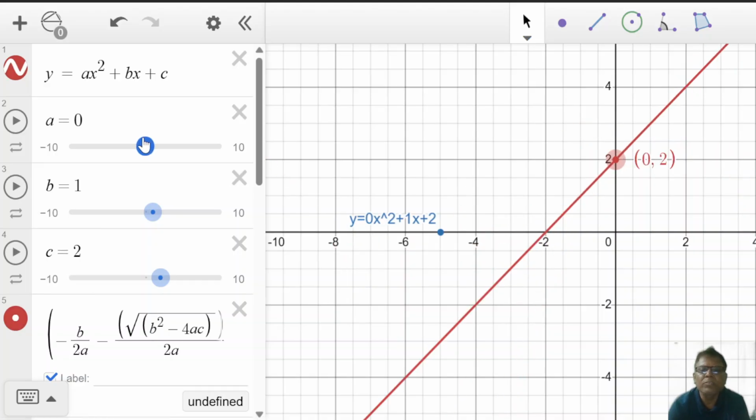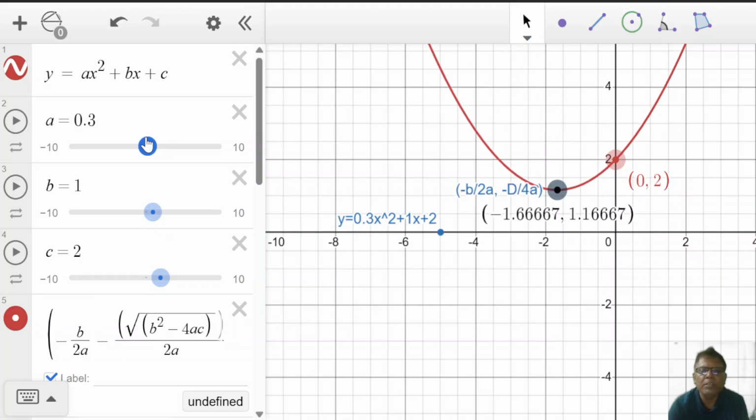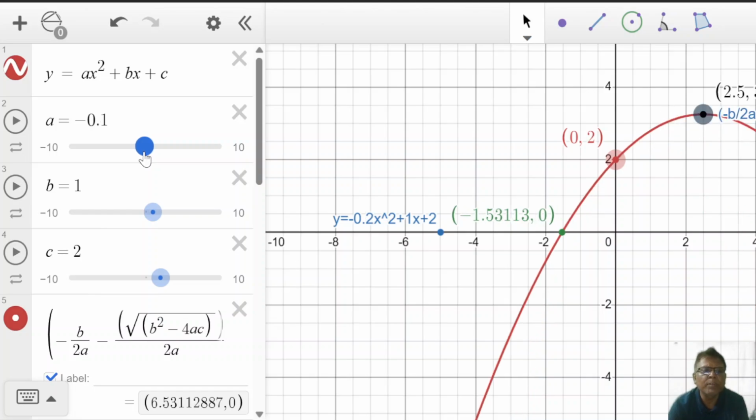If it is 0, then it becomes a straight line, because when a becomes 0 the equation becomes bx plus c. That is a linear equation, and a linear equation is the equation of a straight line. So if a is positive, then concave upward, and if a is negative, then concave downward. This is the first property.